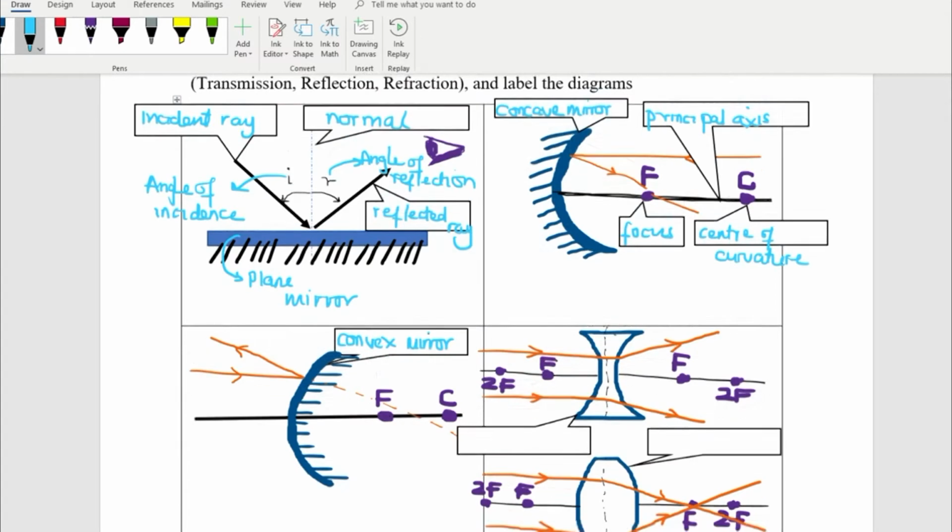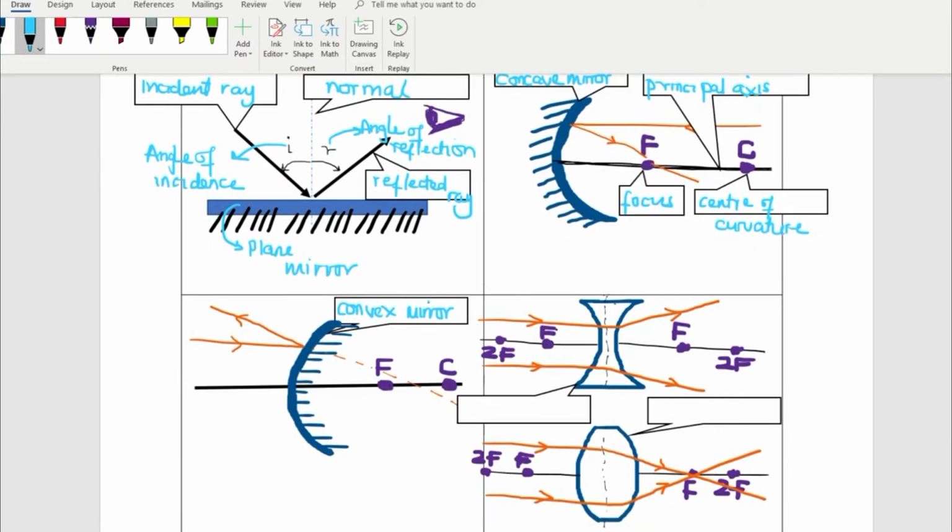The next one is looking at lenses, where we see two. On this part, we see the rays coming in and they don't pass through the focus, but they diverge away. So this type of lens is called a diverging lens.